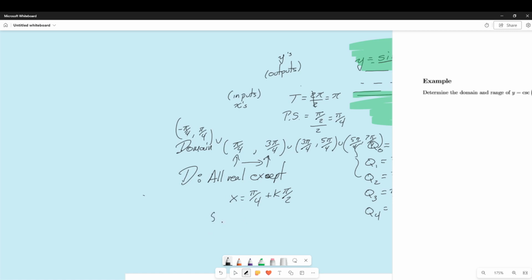But your set builder notation, x an element of the reals where x is not equal to, your text likes the k times pi over 4 where k is an odd integer or an even integer.